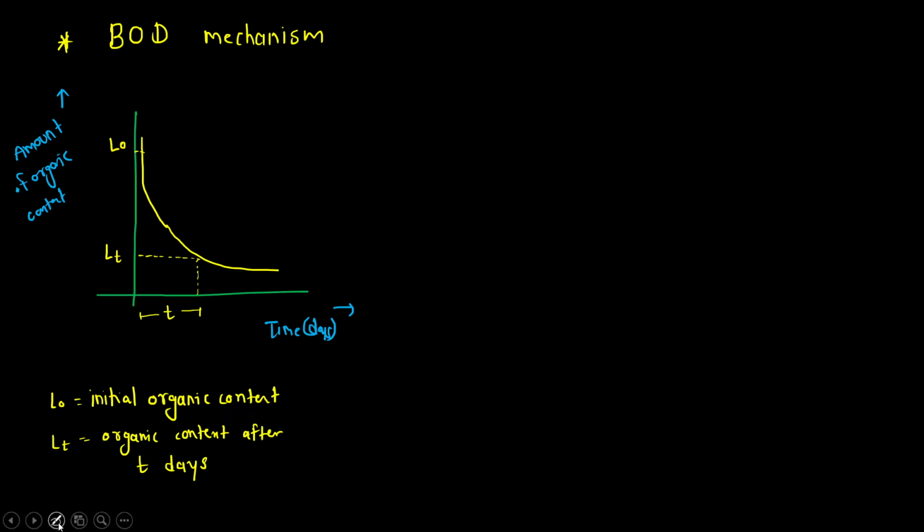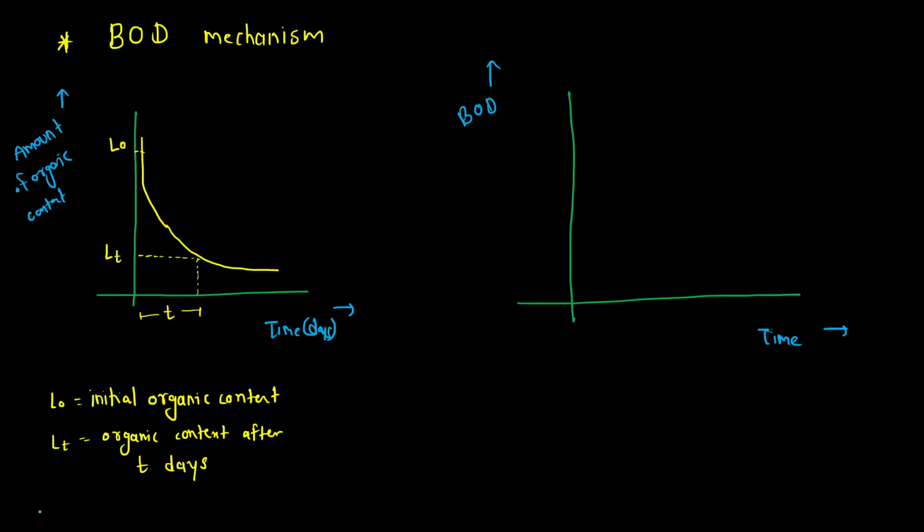So if we try to plot a graph, this we have already seen this graph. So if you plot a graph of BOD and time, we can see that the oxygen demand with respect to time is increasing. Okay, so initially it is 0 and then it is slowly increasing.